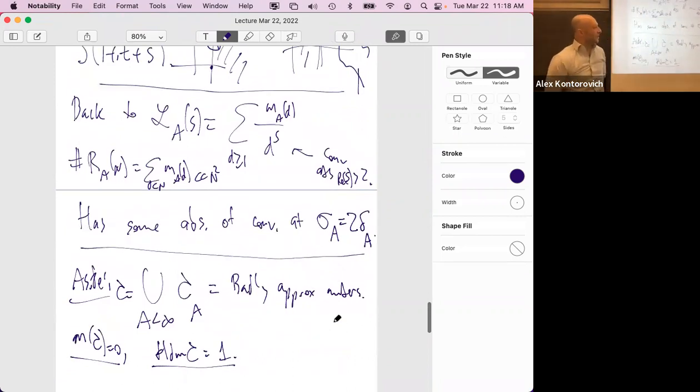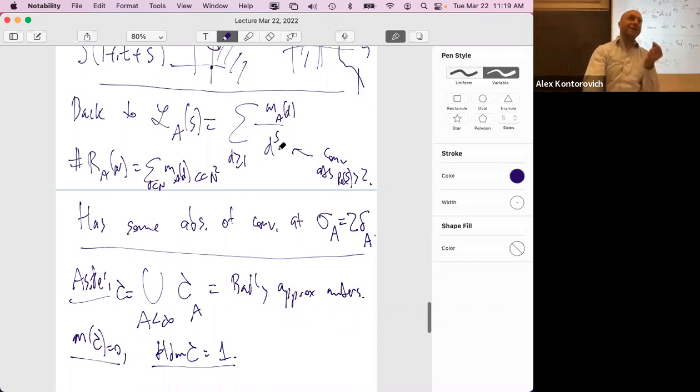Okay, so we need to talk about Hausdorff measures. In fact, I'll point you to the end of my real analysis lectures, where I go into Hausdorff measure and Hausdorff dimension. I'll point you to a link to that. But roughly speaking, it's almost the same as this abscissa of convergence.